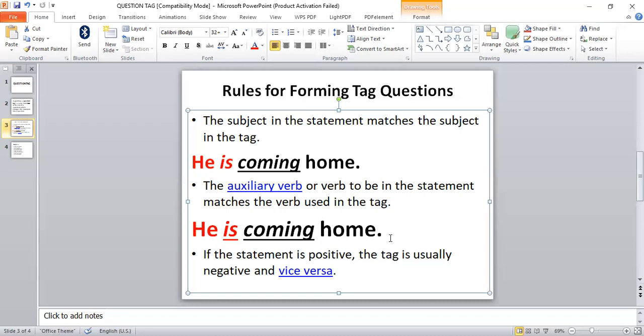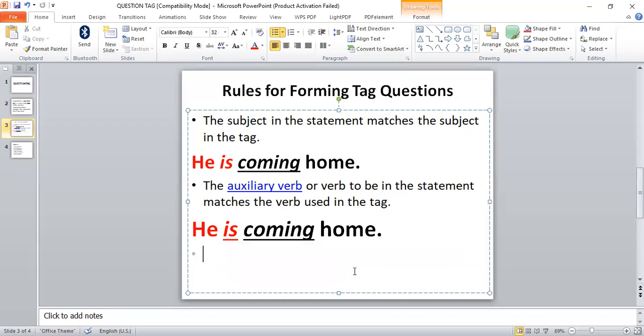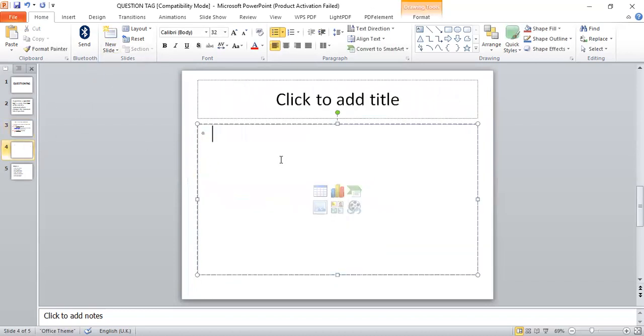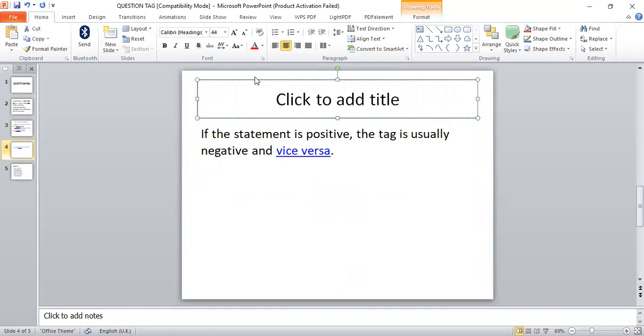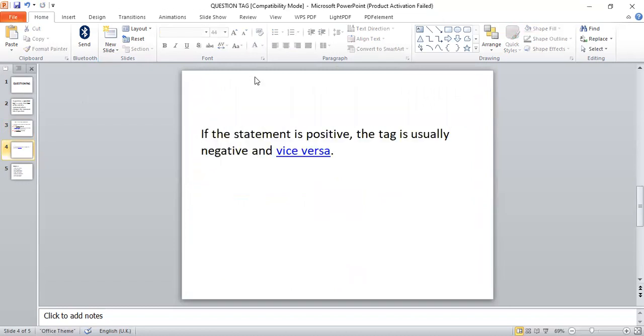Now, going from there into the third rule. The third rule states that if the statement is positive, the tag is usually negative, and vice versa. If the statement is positive, the tag is usually negative.